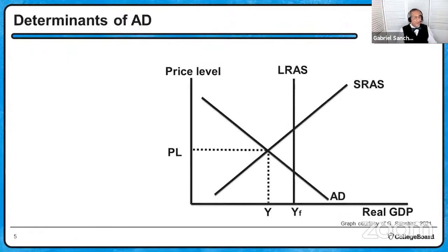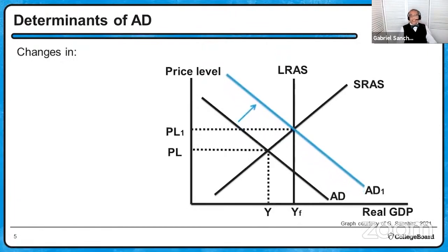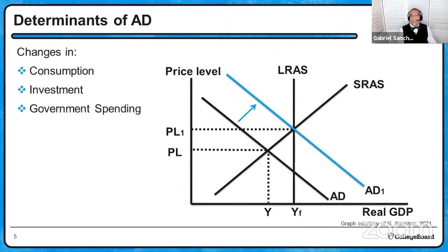Let's keep going. The determinants of aggregate demand. Now, when we have changes in determinants, we get changes in aggregate demand. So when we have changes in consumption, changes in investment, changes in government spending, changes in net exports, these changes will cause the aggregate demand curve to shift. As we see, the curve has shifted from AD to AD1.